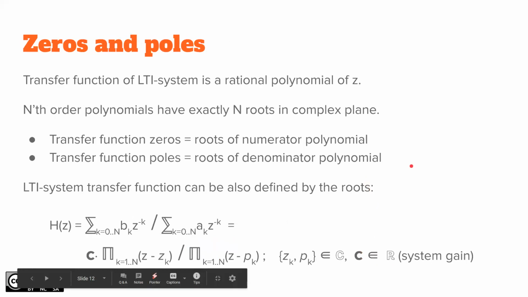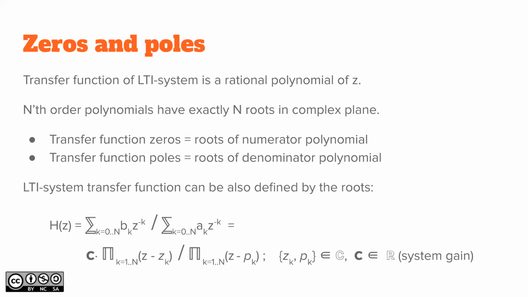Zeros and poles. The transfer function of any LTI system is a rational polynomial of z, in the same way as the transfer function of an analog system is a rational polynomial of s.